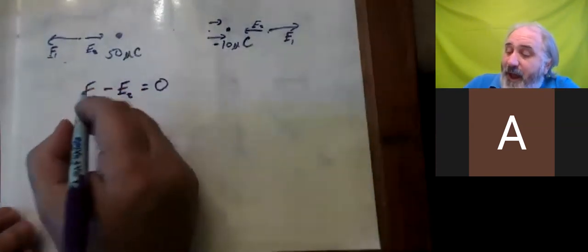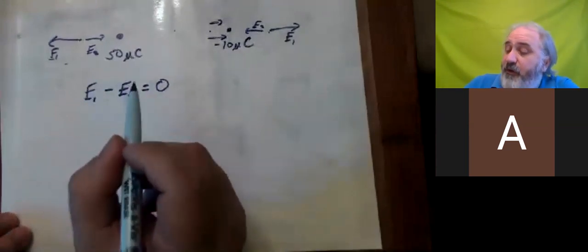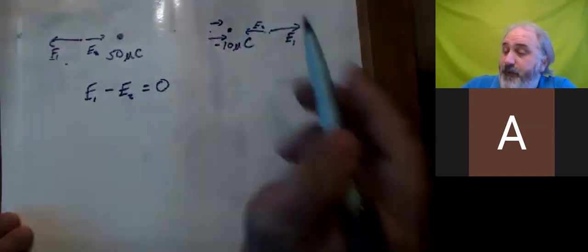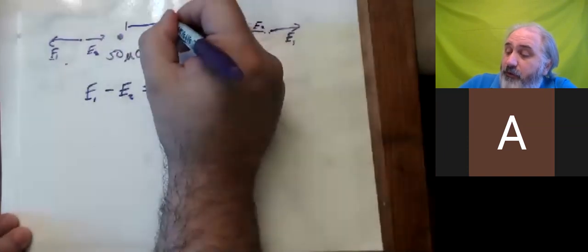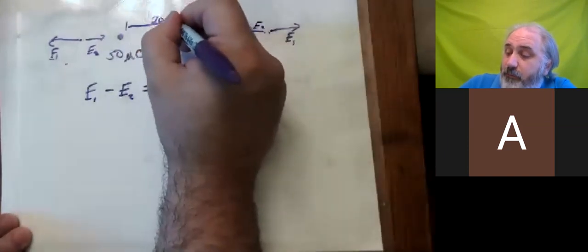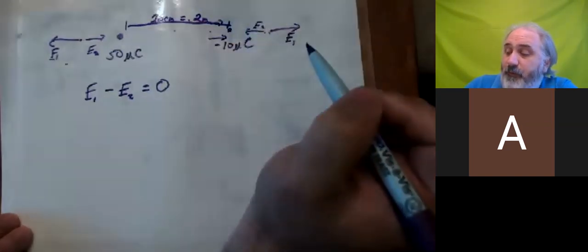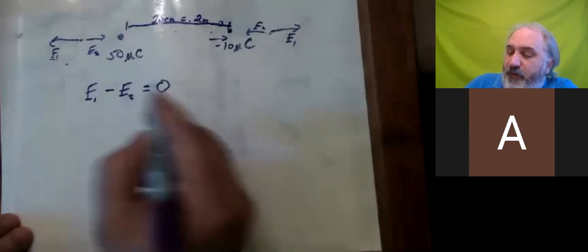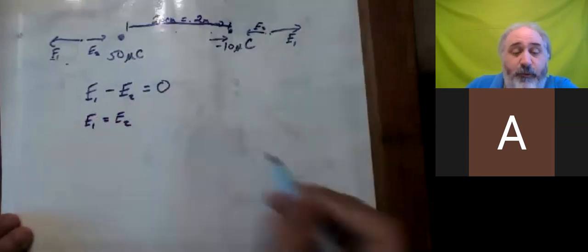So how will I find E1? E1 is going to be the distance from this charge to this charge, right? And remember, this distance in the previous problem was 20 centimeters, which is the same as 0.2 meters. So if E1 minus E2 equals 0, that means that E1 has to equal E2, right?